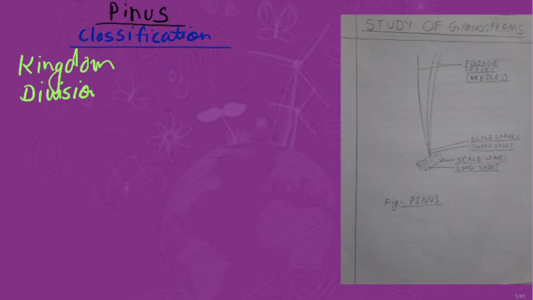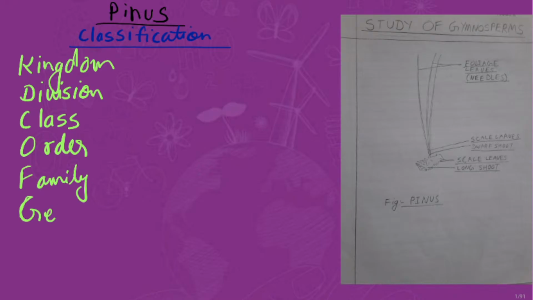Division, class, order, family, genus. Kingdom Plantae.